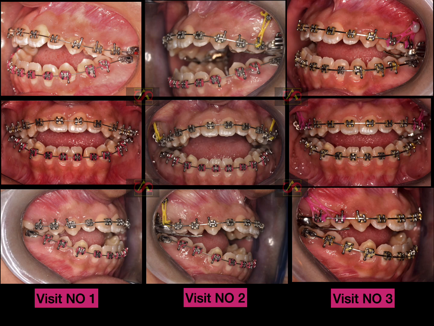I decided to go for intrusion of the posterior teeth to correct the open bite anteriorly, according to the evidence that intrusion of the posterior is more stable than extrusion of the anterior. So I decided to go for intrusion of the posterior teeth by a technique like the previous case, but with a change in the arm and the acrylic cap, unlike this.